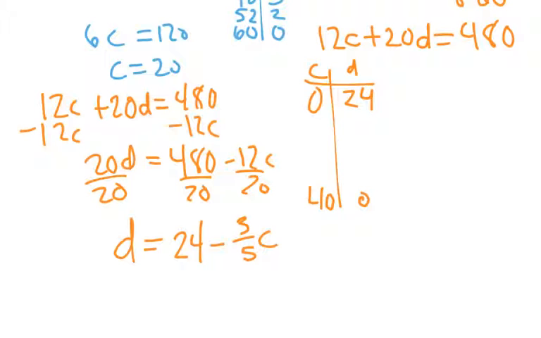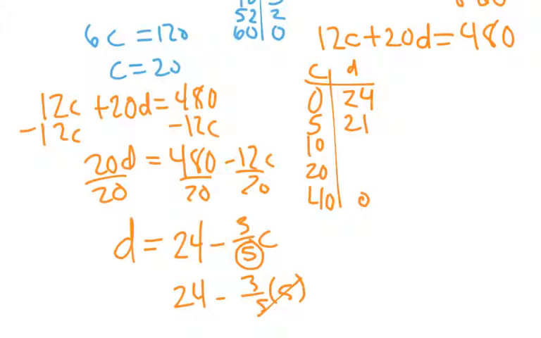So the way you want to think about this is that 5 right there. So if my cat is something like 5 or 10 or 20, it should work out. So if I plugged in 5, 3/5 times 5, those 5s would cancel. I'm left with 3, so it would be 24 minus 3, which is 21.